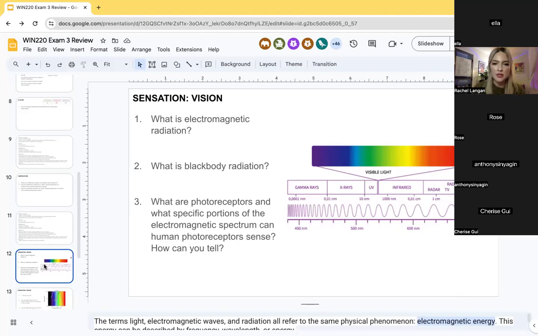Black body radiation, what you need to know about that is that objects will radiate light depending on their temperature. So the sun is radiating light depending on its temperature, but also animal bodies will radiate light depending on their temperature. So what's the importance of that?